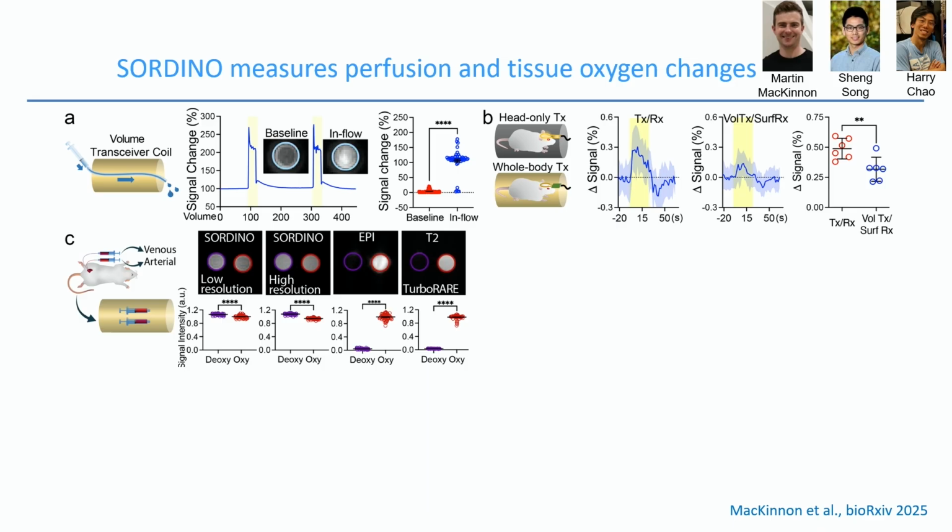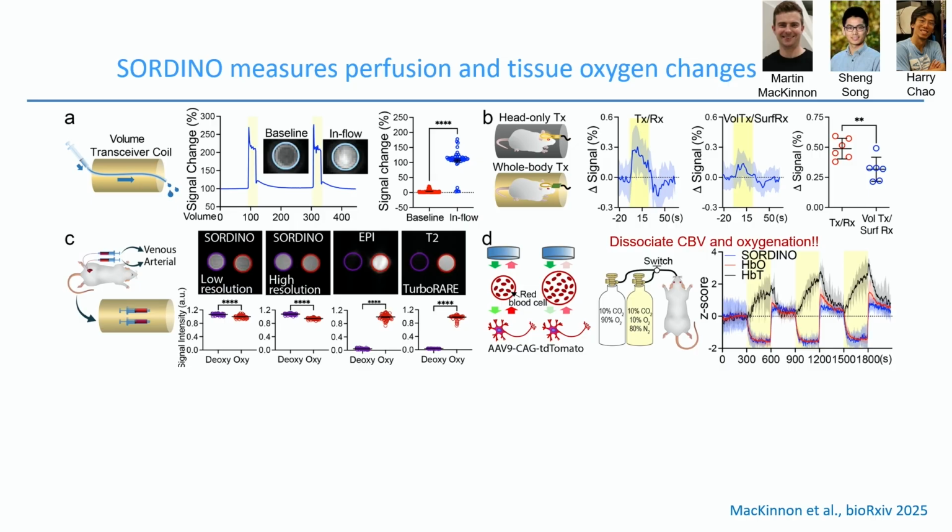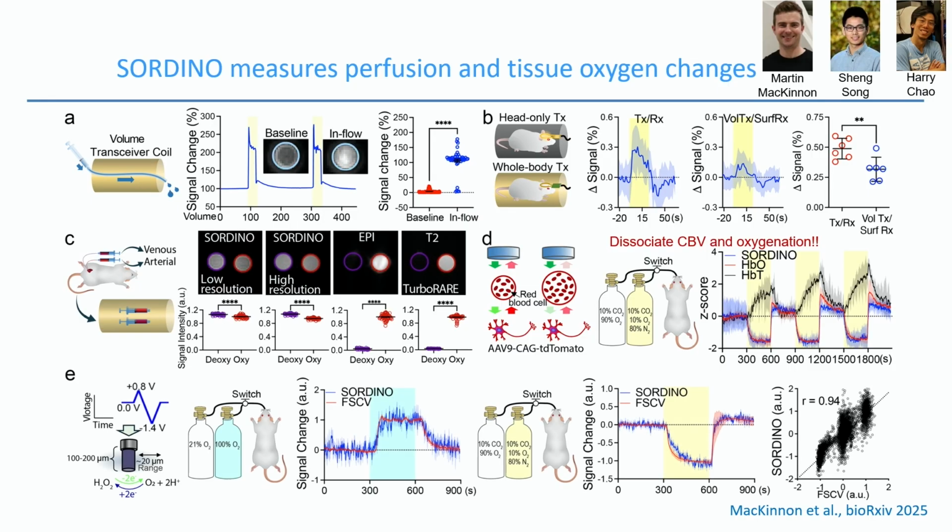However, through some benchmarking experiments, we used fiber photometry to measure the non-physiological ground truths, and also an oxygen electrode to look at tissue oxygen changes. We performed an experiment where we dissociate the blood volume and oxygenation by using a gas mixture, this kind of gas challenge. In this case, these are concurrent measures, and we're picking the SORDINO signal just from a single voxel at the tip of the recording fiber.